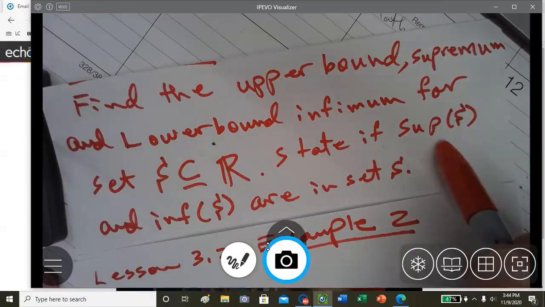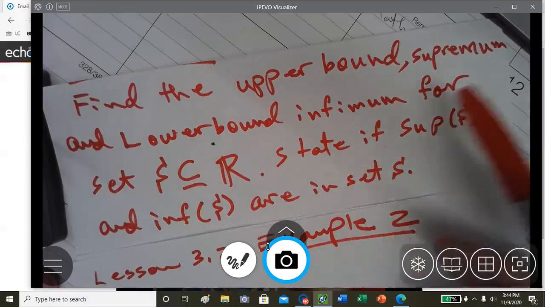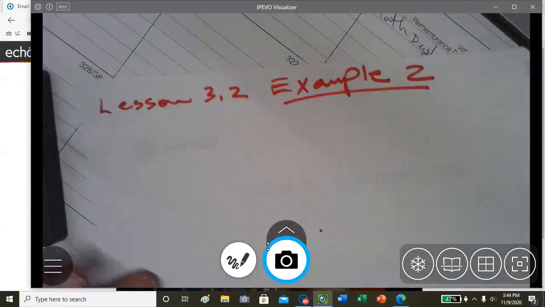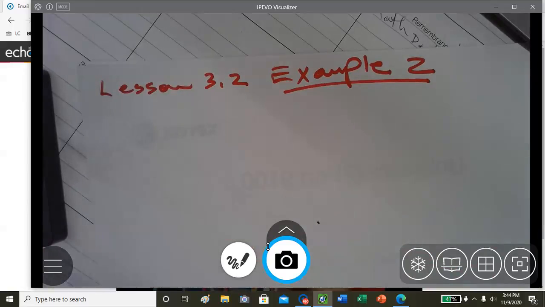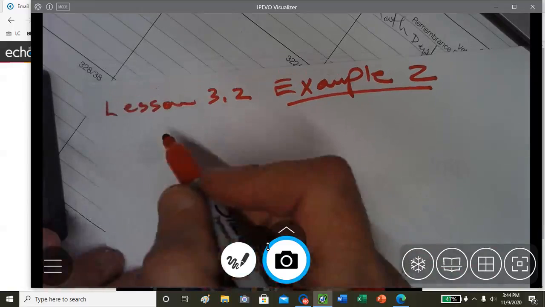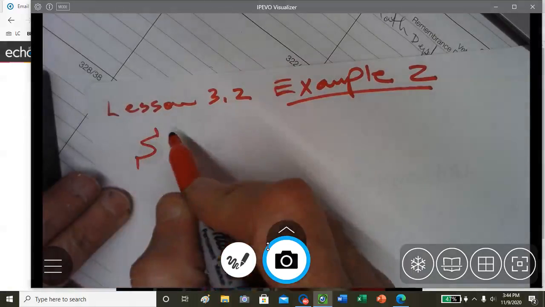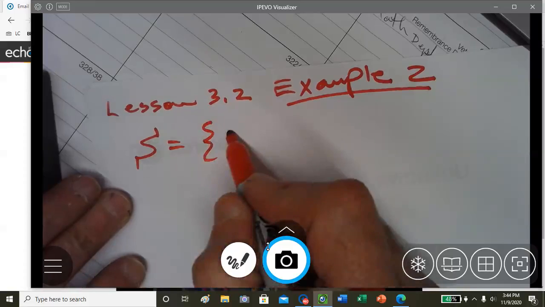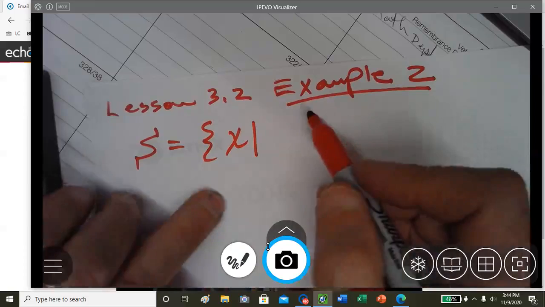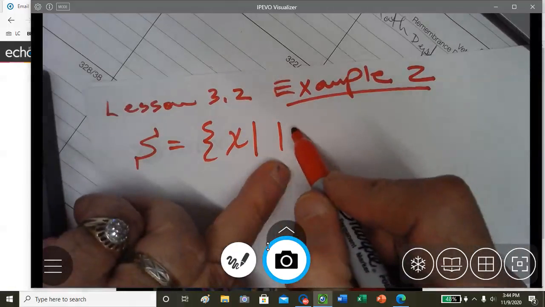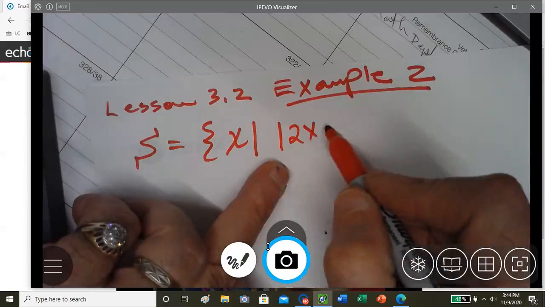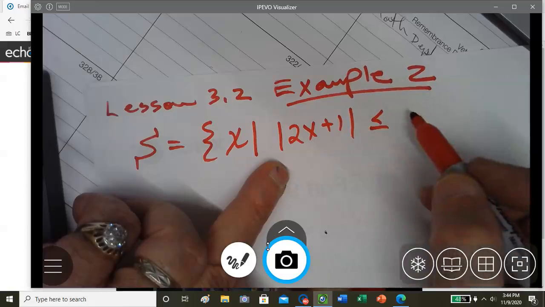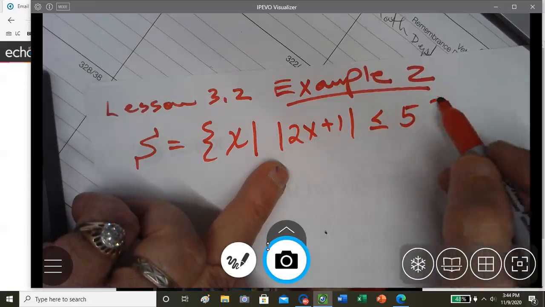State if supremum and infimum are in set S. So we have a problem such as set S equals all elements x such that the absolute value of 2x plus 1 is less than or equal to 5.